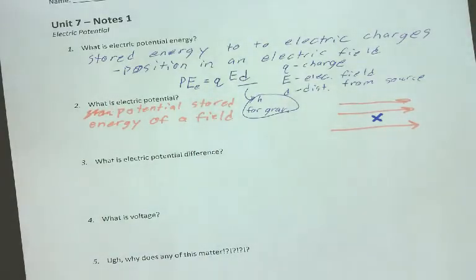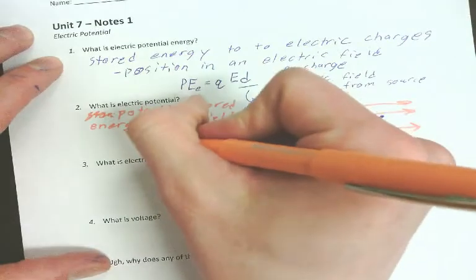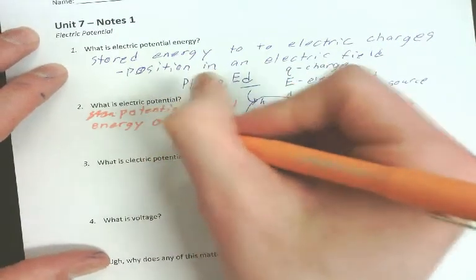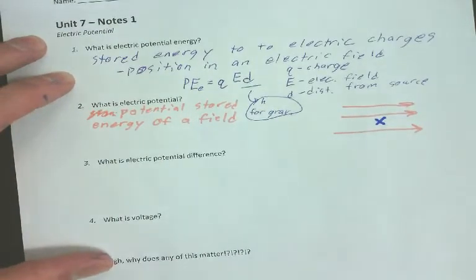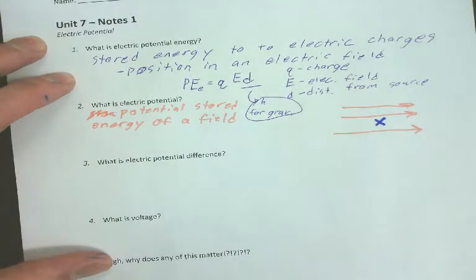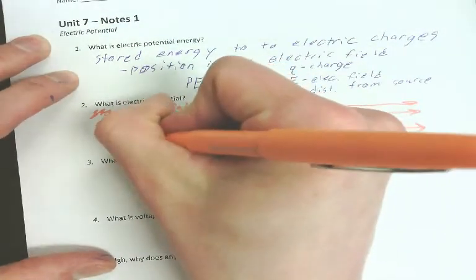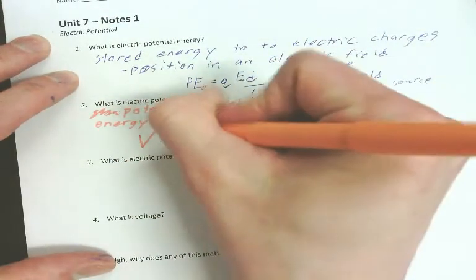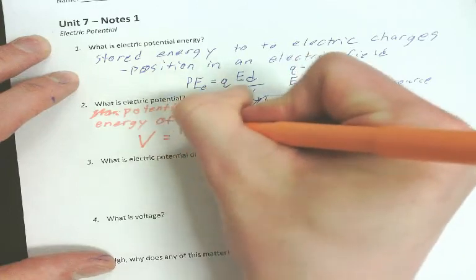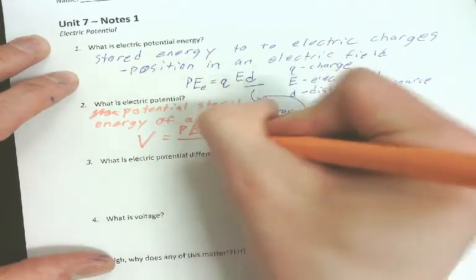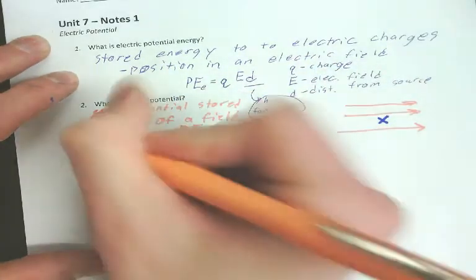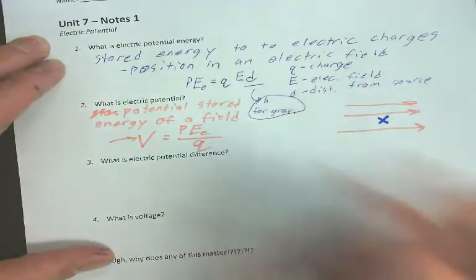And here's the equation, by the way. The equation is, let me make sure I'm getting the equation set up right for you. V equals PE over Q. And V, by the way, is electric potential.